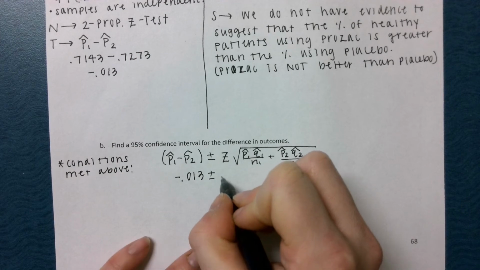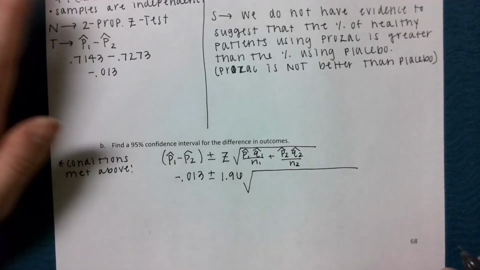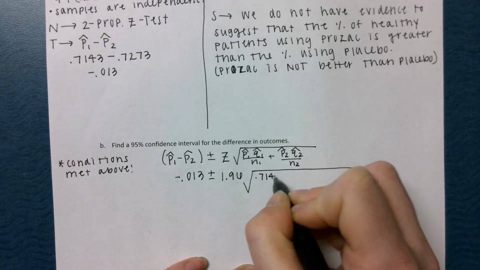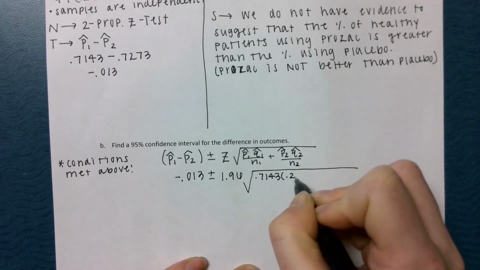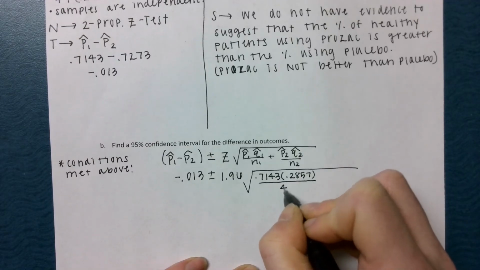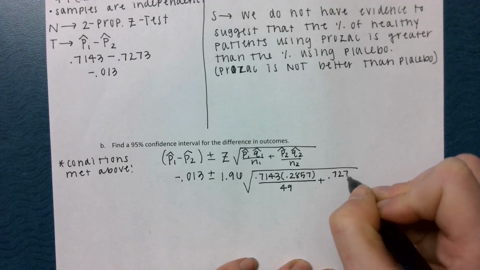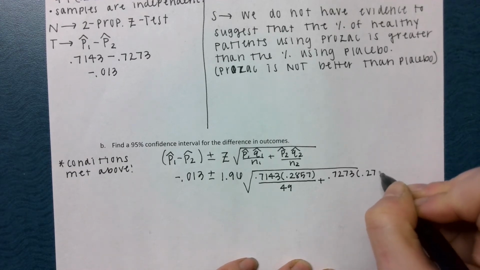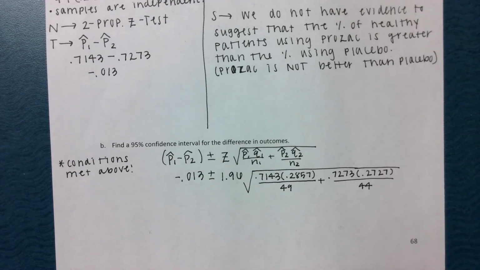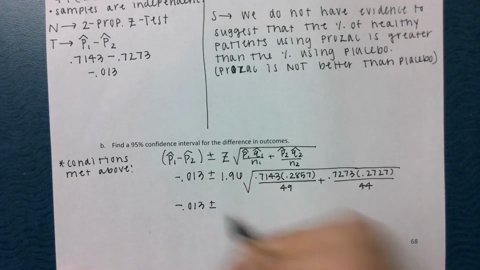So my z-score for 95 is 1.96. I can then plug in my proportions. So that first one was 0.7143 times 0.2857 over my first group of 49 plus my second group. Okay, I'm going to start with finding this margin of error.